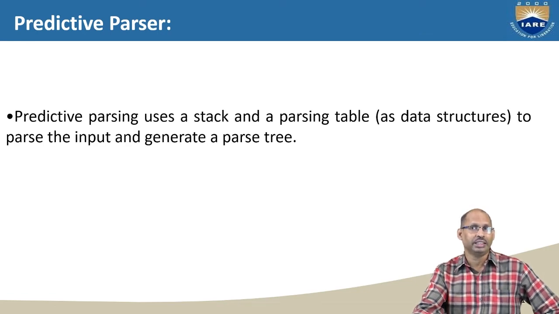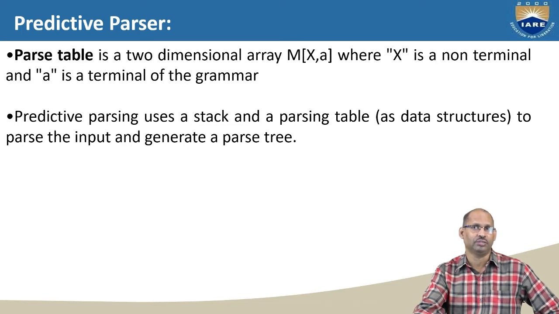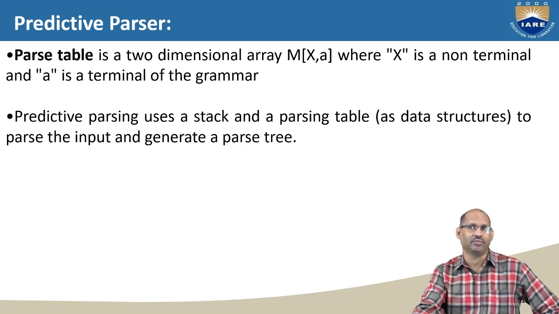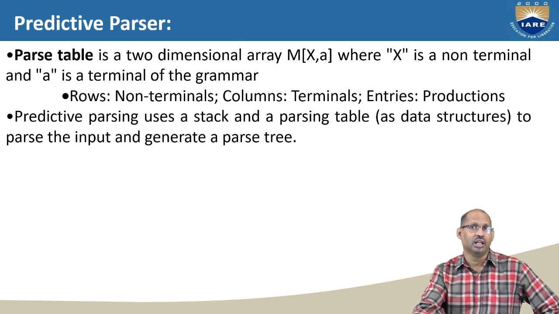Predictive parsing uses a stack and a parsing table as data structures to parse the input and generate the parse string. The parse table is a two-dimensional array M[X, a], where X is a non-terminal and a is a terminal of the grammar. The rows are non-terminals, columns are terminals, entries are the productions.